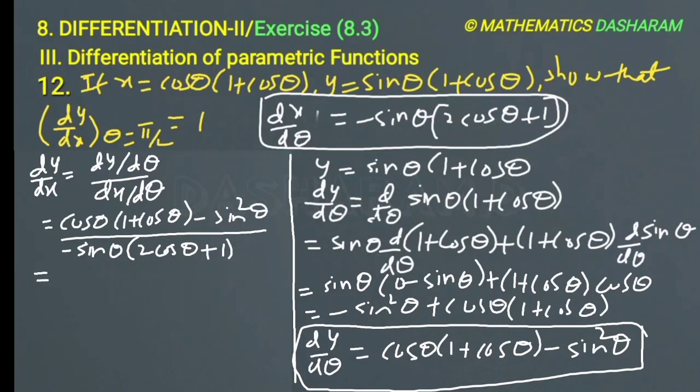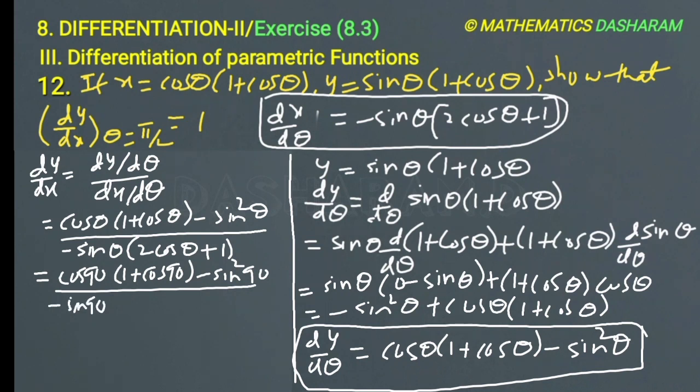So let's substitute the theta value pi by 2. Pi by 2 means 90 degrees. So cos 90 into bracket of cos 90 minus sin square 90, divided by minus sin 90 bracket of 2 cos 90 plus 1.